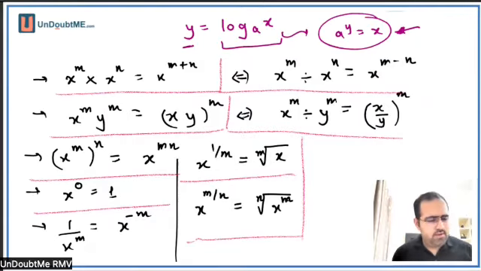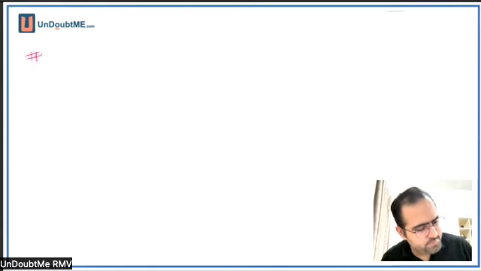Okay. Now let us have a look at the properties of log. There was one handout. Okay, just give me a minute. I couldn't find it. Let us do it directly then. First law.